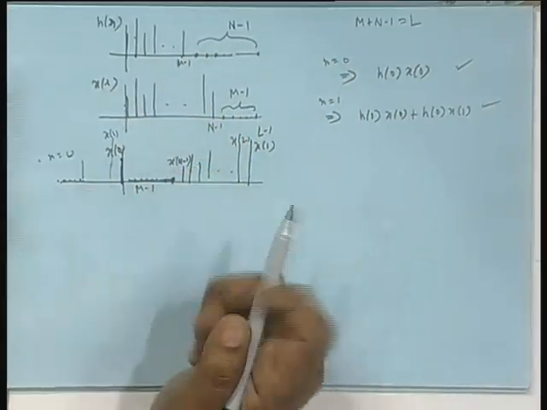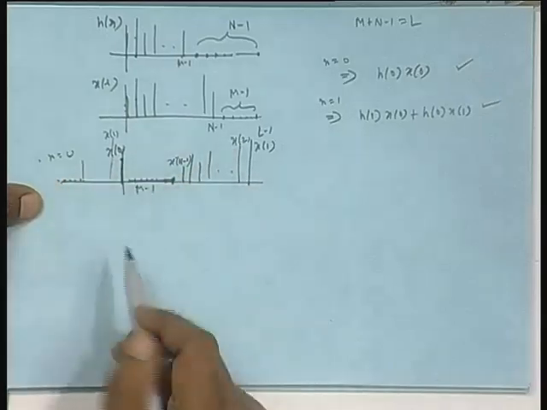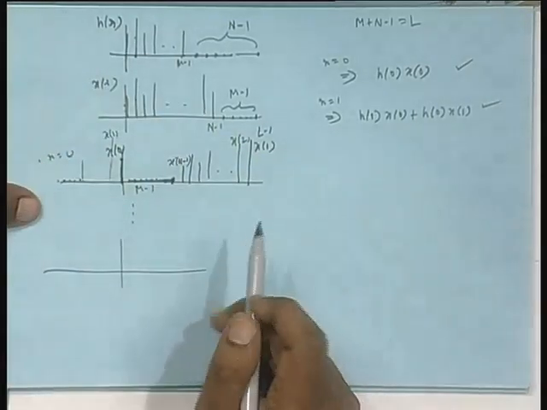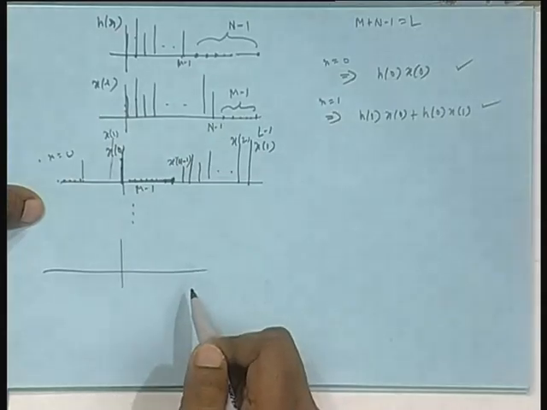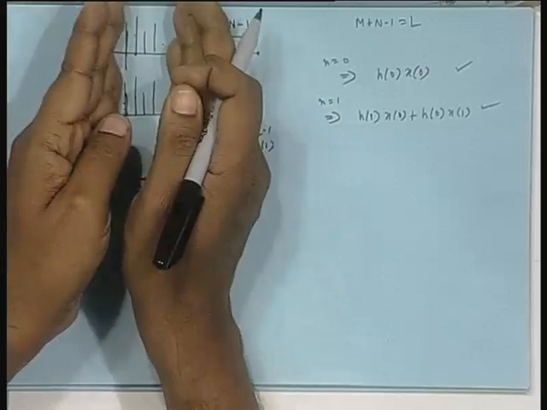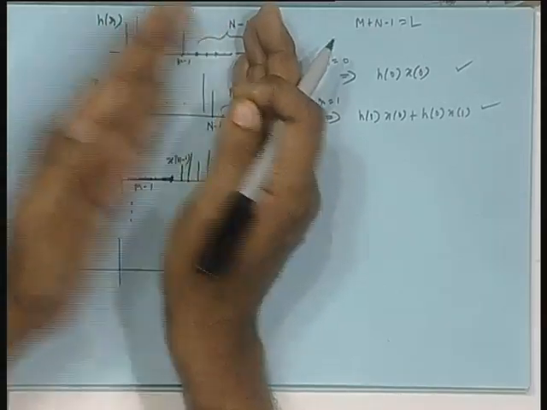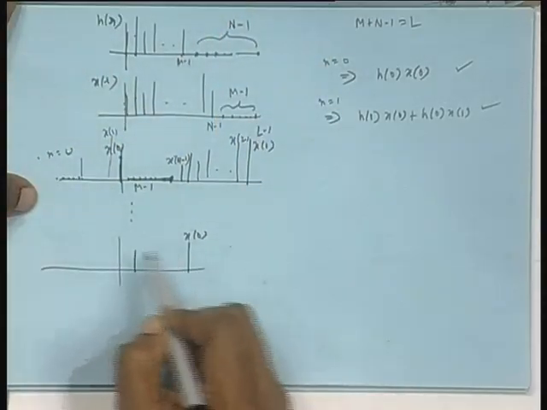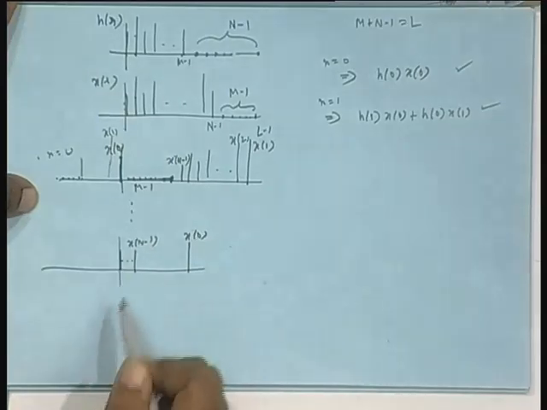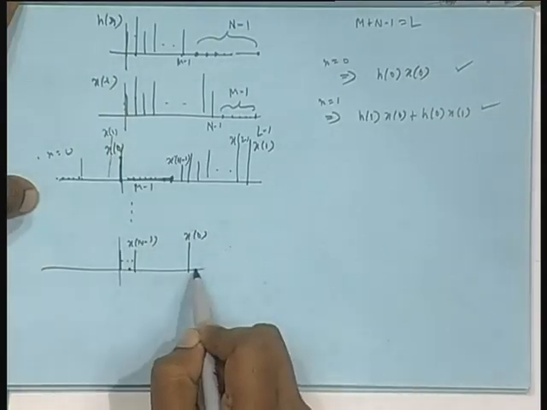After a while, what will happen? This data dot dot dot, as I go on shifting, you will have a situation where this data has come here, but to the right of this. I mean, this is the data block. Dot dot dot. So here also I have got some zeros.